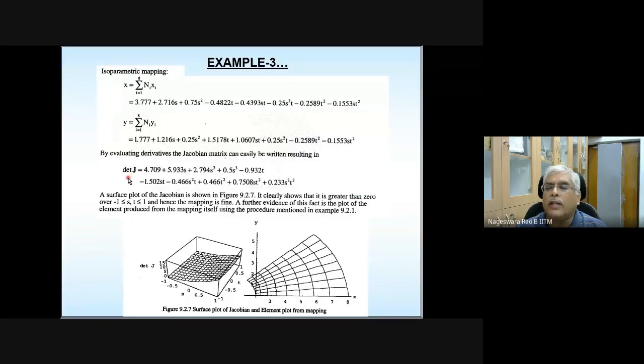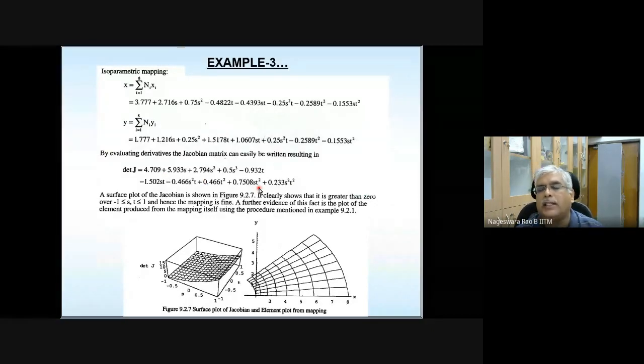For an 8-node or quadratic element, determinant of J is going to be quadratic in S and quadratic in T.